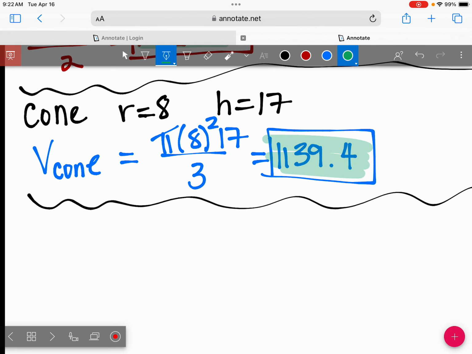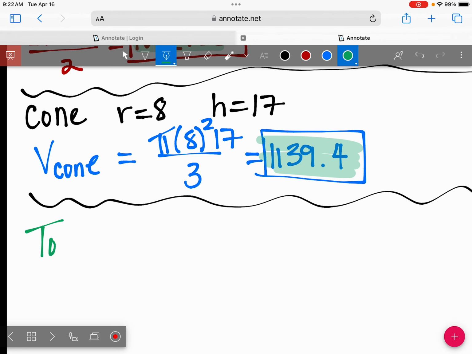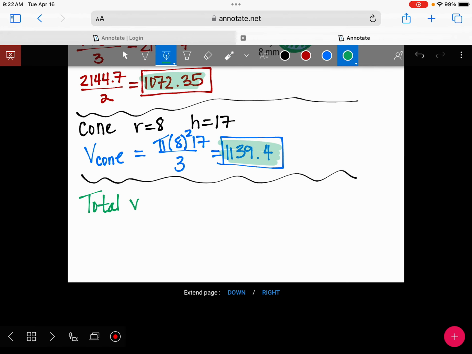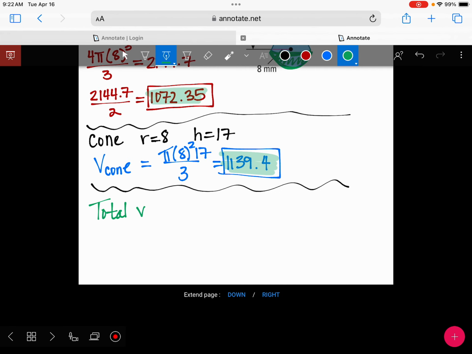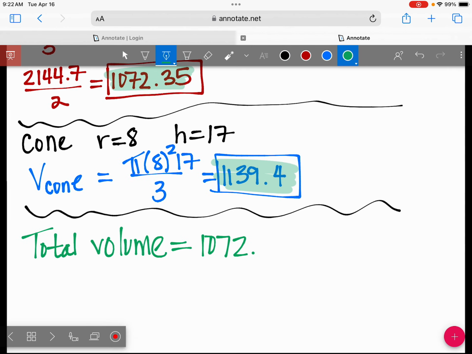So the total volume is 1072.35 plus 1139.4.